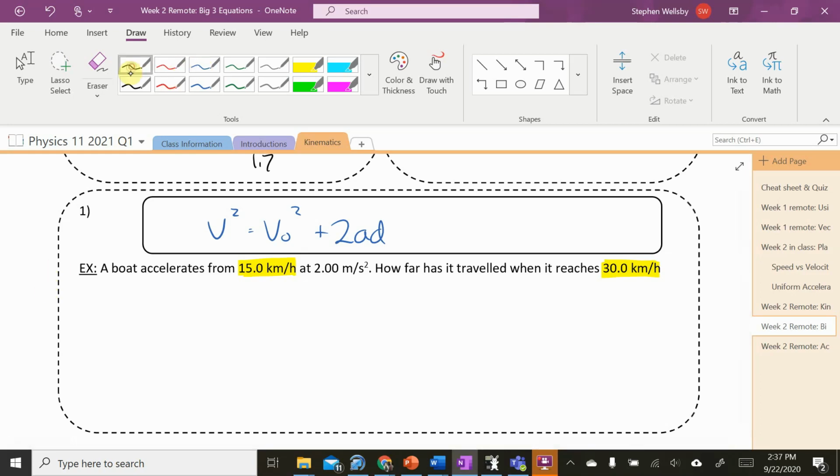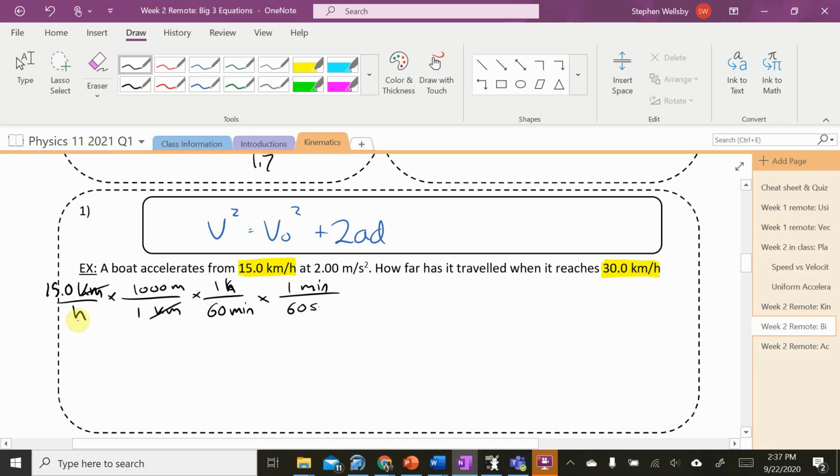So in this case, we've got 15.0 kilometers per hour, and I'm going to convert that into meters per second. I'm going to cancel out my kilometers, and I know there's 1 kilometer for every 1,000 meters. I also know that 1 hour has 60 minutes, and 1 minute has 60 seconds.